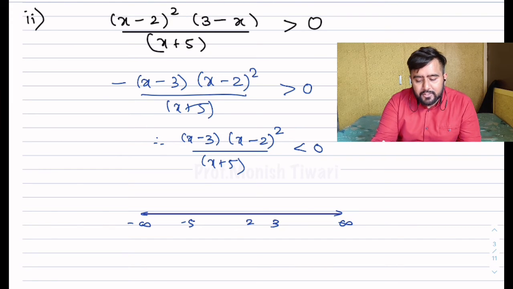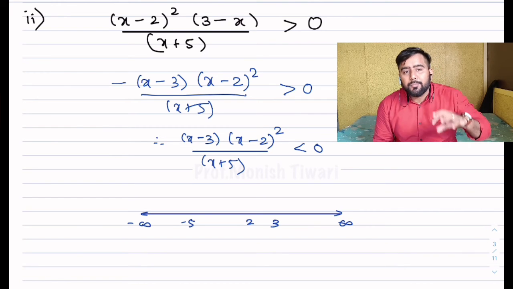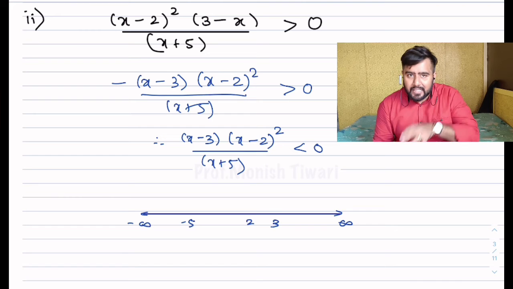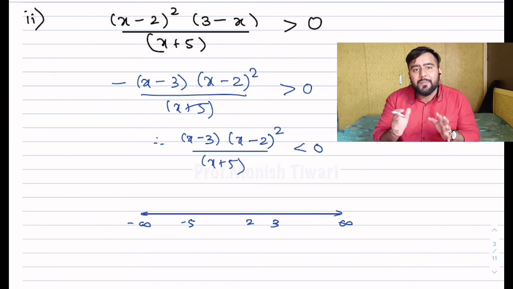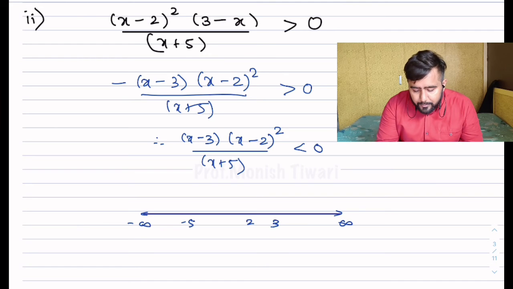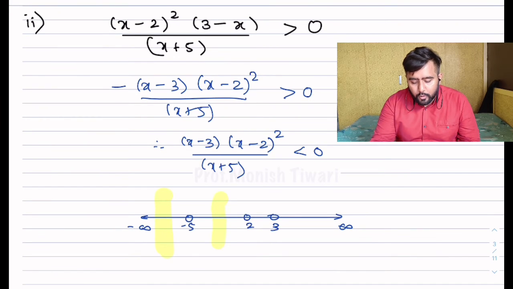And as there is no equal to sign anywhere, so what I said, if there was equal to, the points from the numerator will be dark circle. As there is no equal to, all these numbers will be hollow circle. So I will be marking them with hollow circles. Now total we have 1, 2, 3 and 4 sections formed.